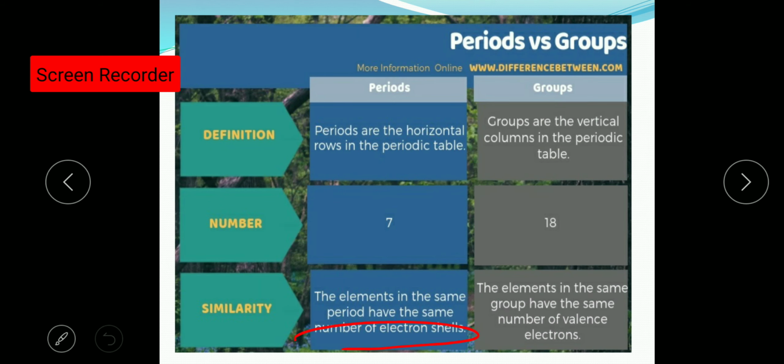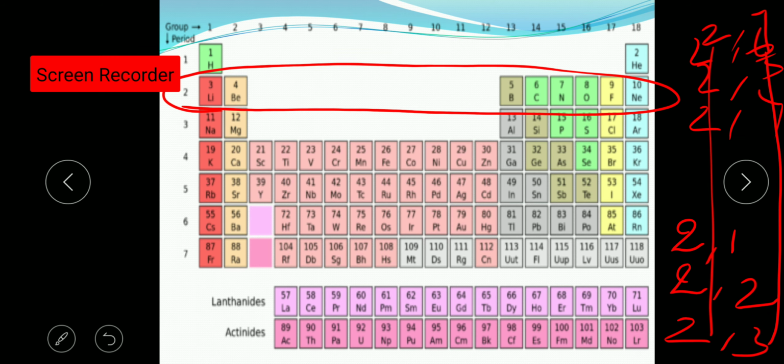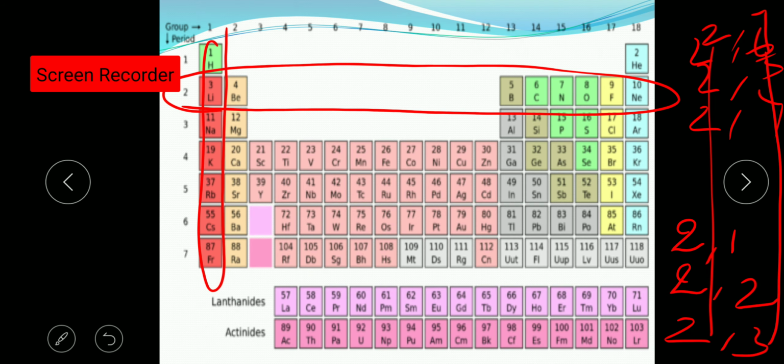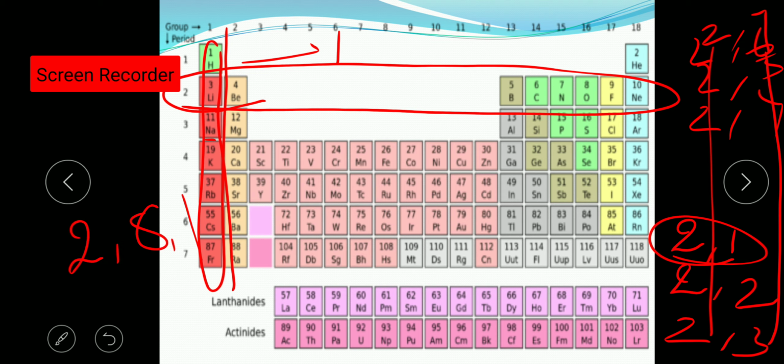So the number of electron shells in a period will be the same, whereas the elements in the same group will have the same number of valence electrons. For example, group 1: hydrogen has 1 electron, lithium also 1 electron, sodium atomic number 11 is 2, 8, 1, so 1 valence electron.